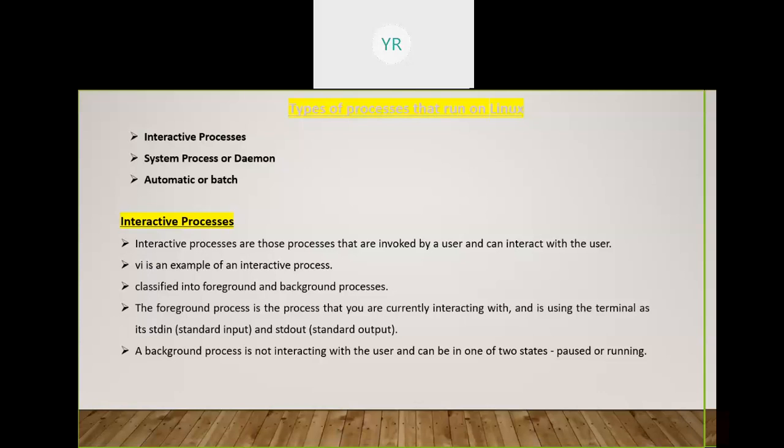At that instant it gives the output on your screen, which is your terminal. The terminal is the display, and the display is known as standard output, stdout. When you type something with the keyboard, that is called standard input, stdin. The user interacts using stdin, and the system gives the output as stdout.